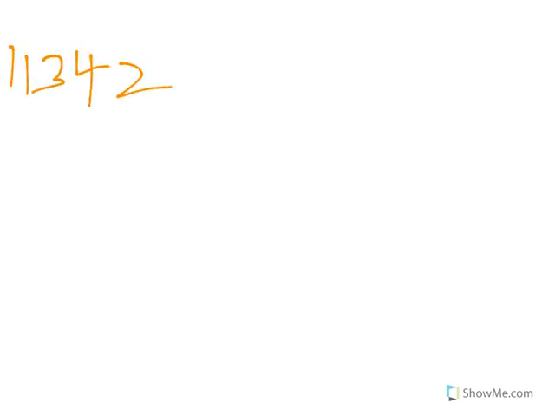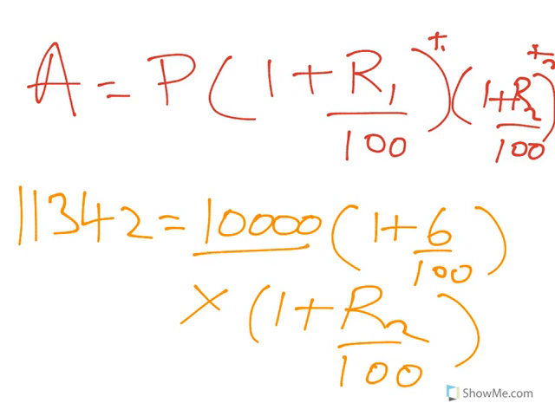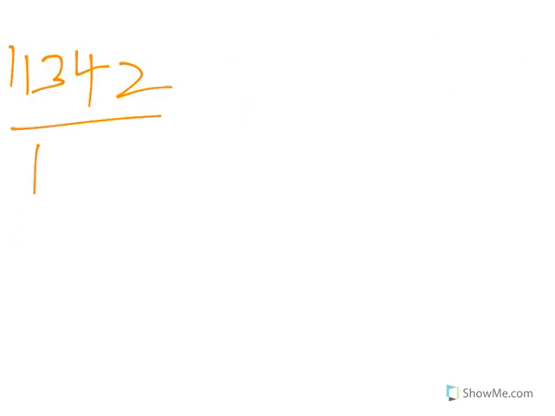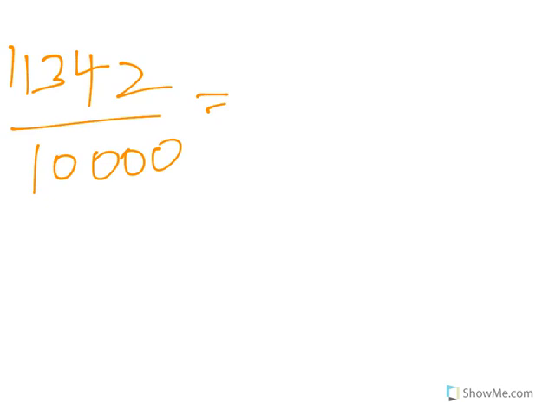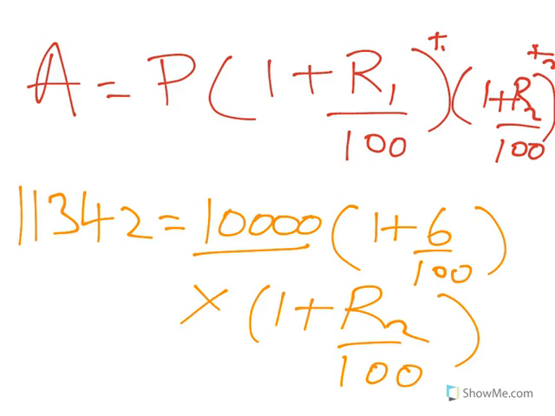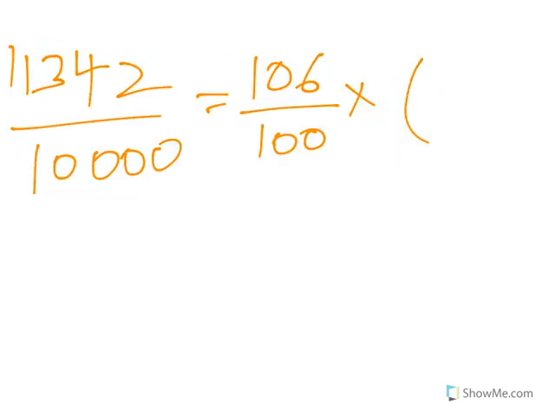So I'll do this on the next page so it's clear. 11,342. Now this 10,000 I will bring onto the other side. I'll divide both sides by 10,000. So 10,000 comes here. This is equal to 1 plus 6 by 100 is just 106 by 100 times, I don't know this, so I'll leave it as it is, 1 plus R2 by 100.